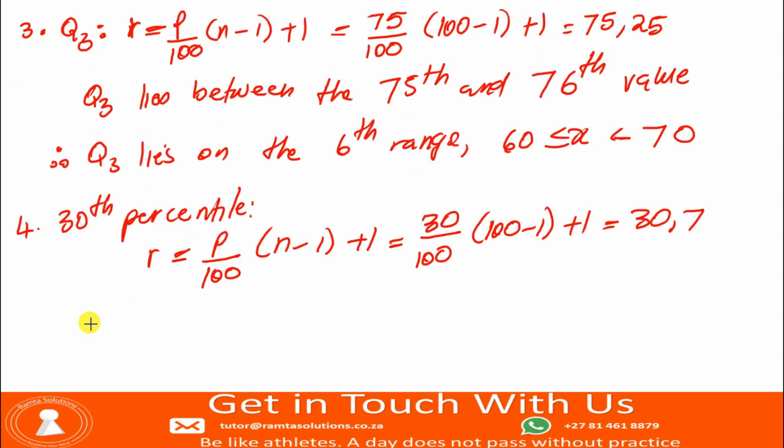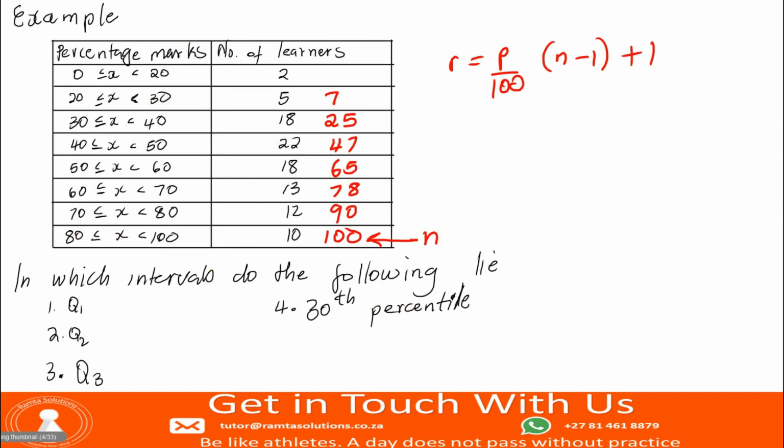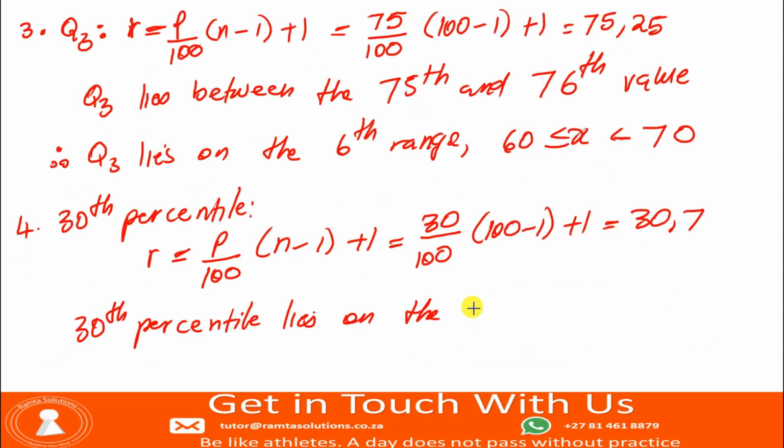right? So 30th percentile lies on the 4th range. Is it 4th or 3rd? Let me confirm. Okay, on the 4th range. The 4th range has which interval?